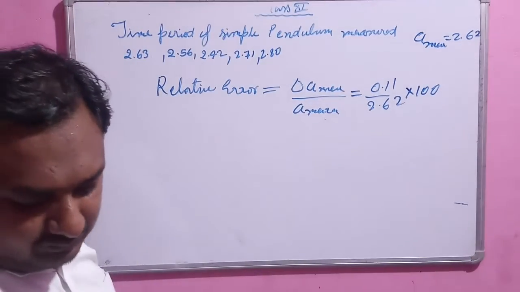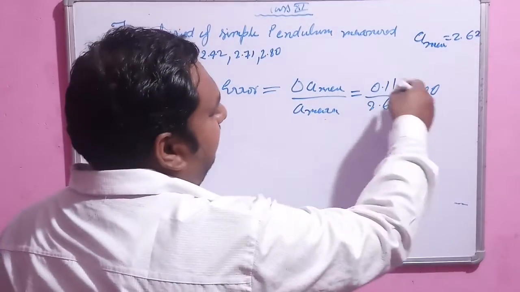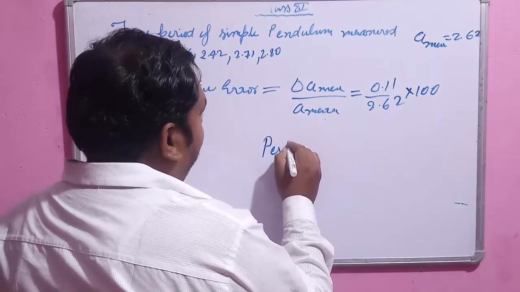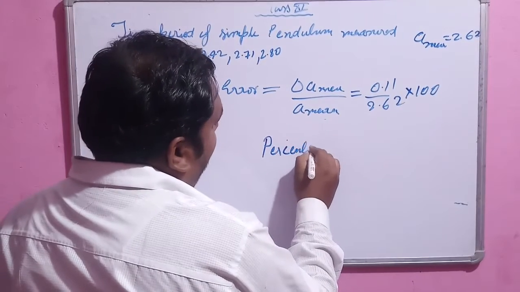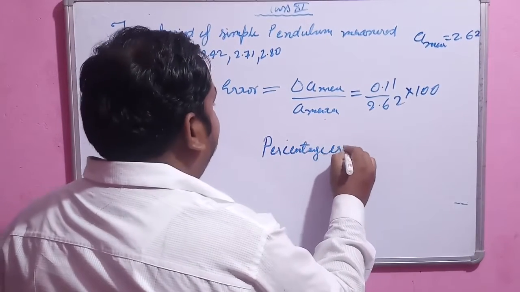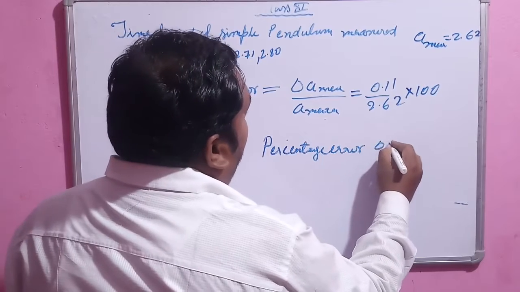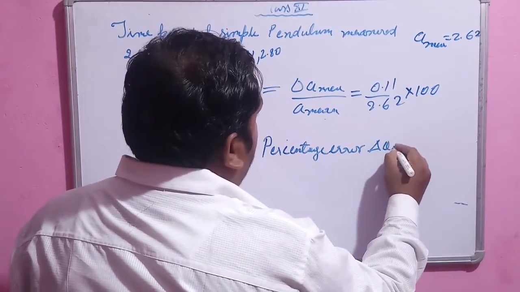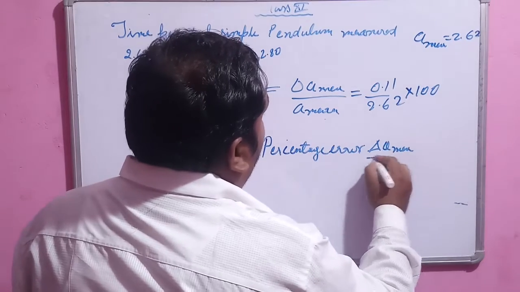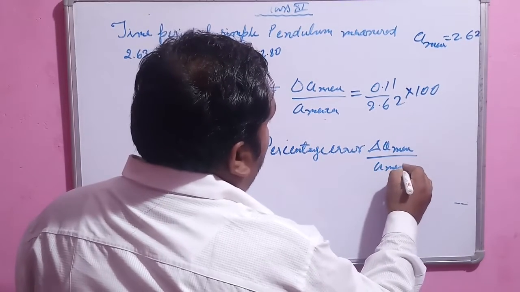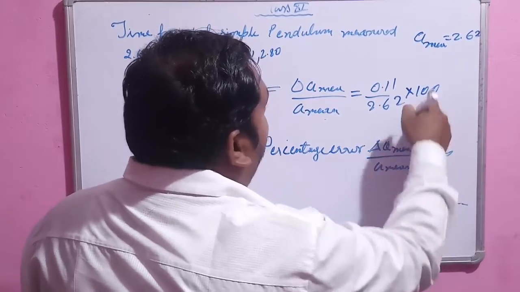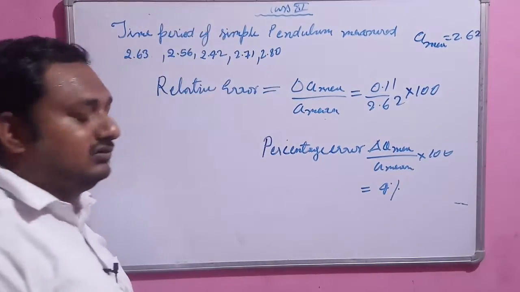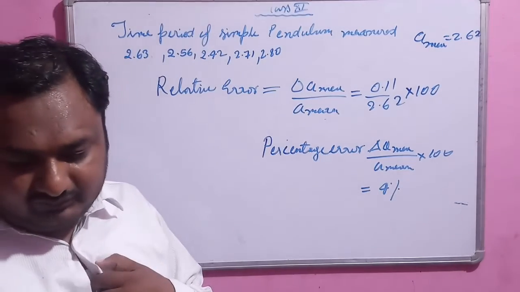So percentage error is del A mean upon A mean into 100. For that case, it is coming to 4%.